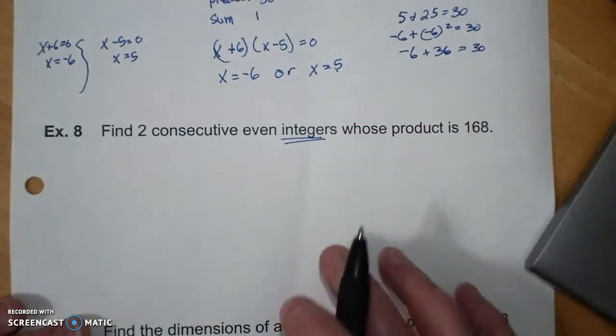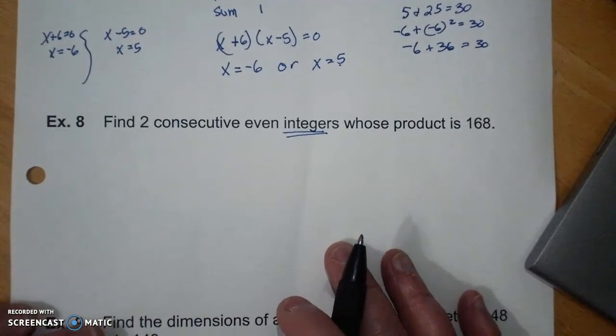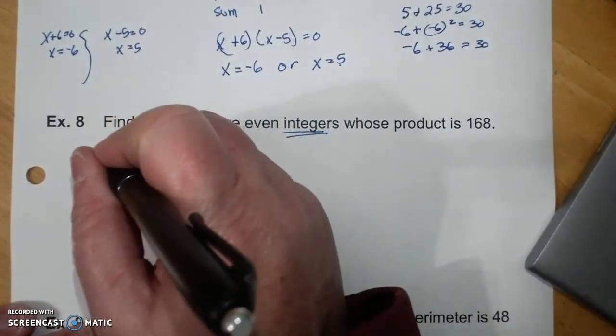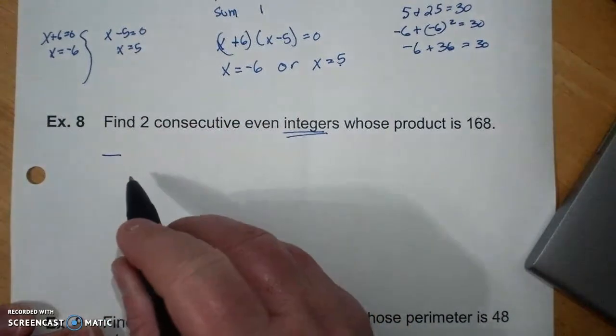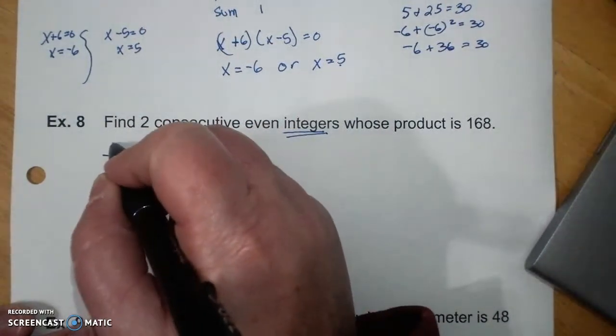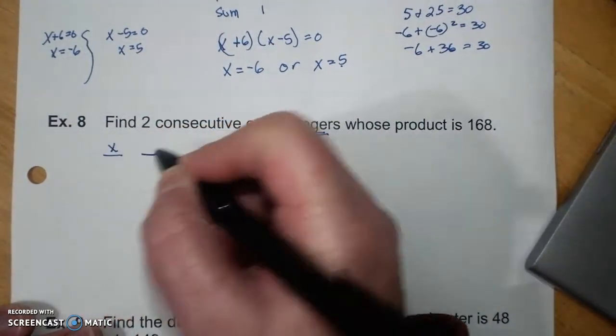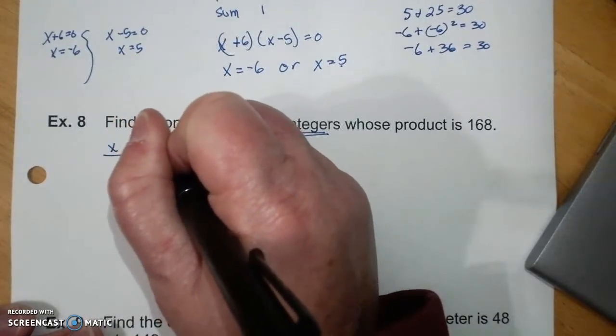Okay, 2 consecutive even integers whose product is 168. Pay attention to your adjectives because it will affect your outcome. If I have even numbers, and I have an x here, to get to the next even number, I add 2.